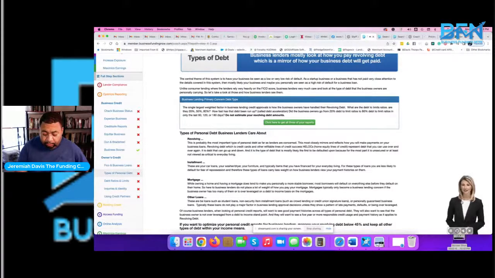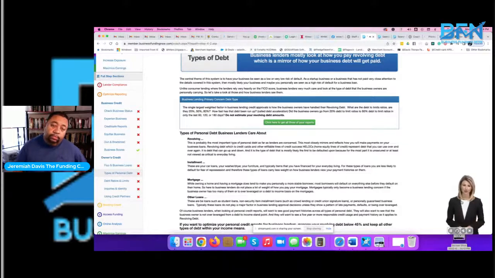Unlike consumer lending, where the lenders rely very heavily on the FICO score alone, business lenders very much care and look at the type of debt that the business owners are personally carrying. The single largest weighted factor in business lending credit approvals is how the business owners have handled their revolving debt. What are the debt to limit ratios? How fast has that debt been run up?